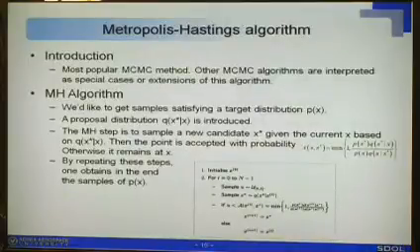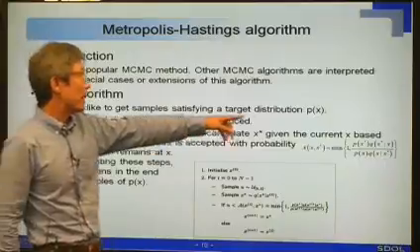Now we move to the continuous version of this process. There is also the Metropolis-Hastings algorithm in the case of discrete distribution. This applies also to the continuous version. The most popular method is the Metropolis-Hastings. In this algorithm, we'd like to get samples satisfying a certain probability distribution, which is given by P(x) in this case.